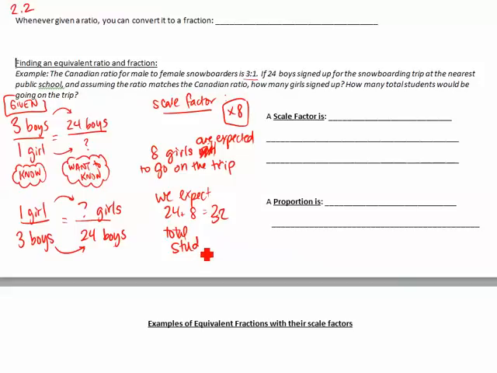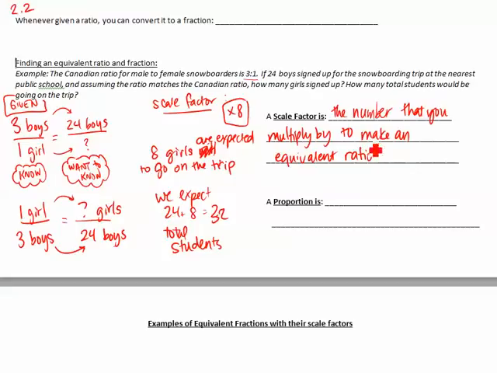Let's just define a couple of things. What a scale factor is. So scale factor is the number that you multiply by to make an equivalent ratio.